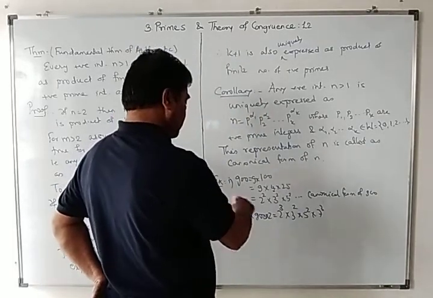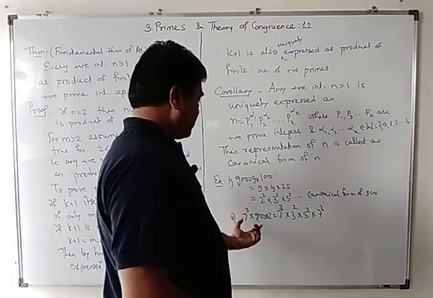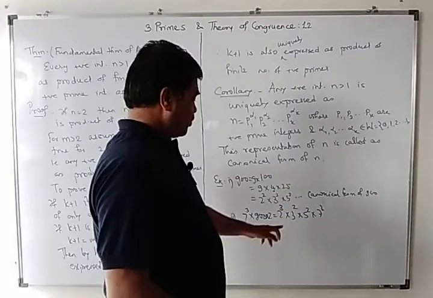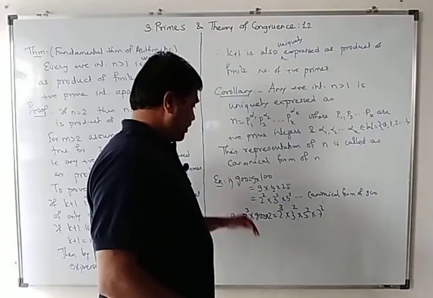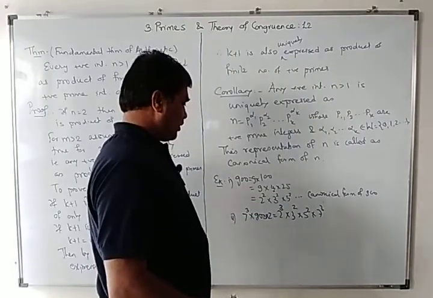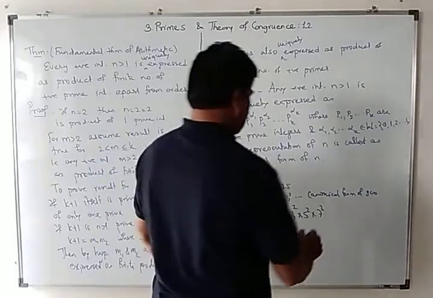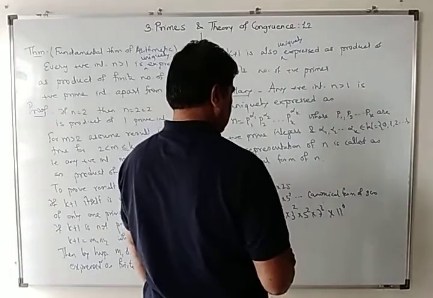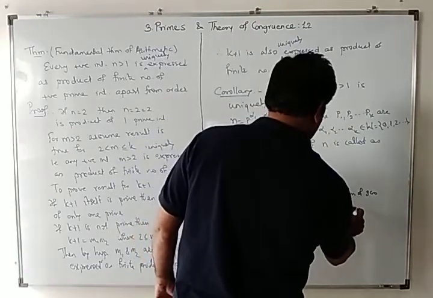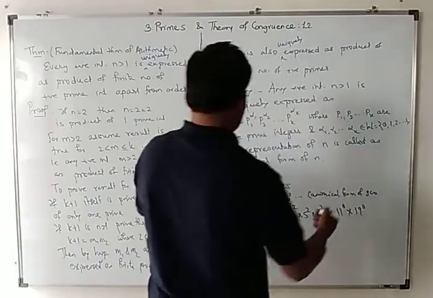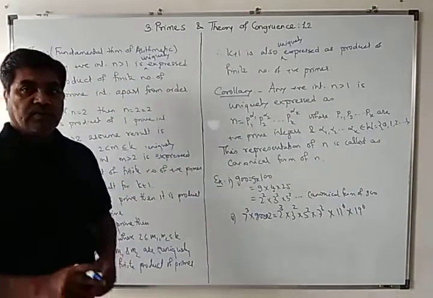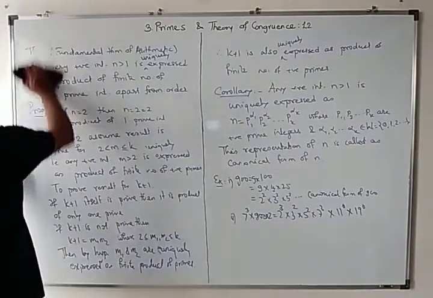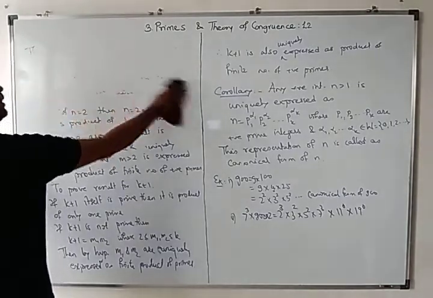This is the canonical form. Whatever this number is, it is expressed this way, so this is known as canonical form. And here this 11 is not there, so I can write 11 raised to 0, right? I can take here say 19 raised to 0, if that factor is appearing in some other number. So it is known as canonical form.